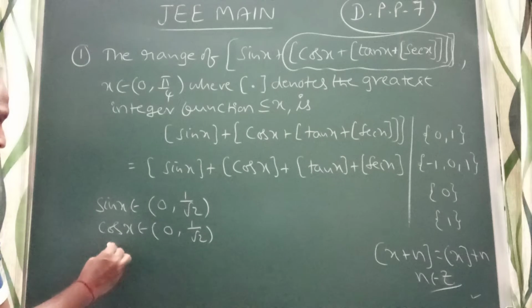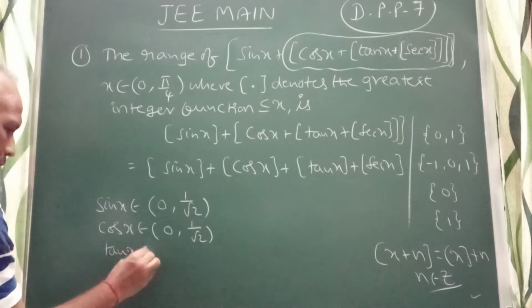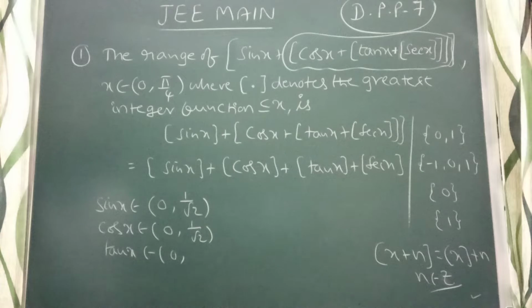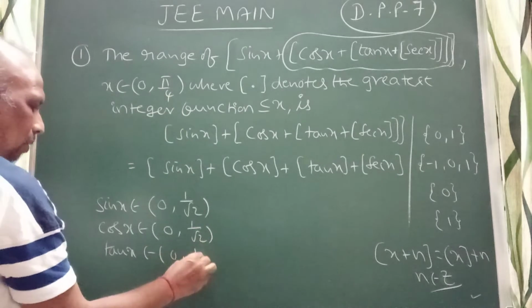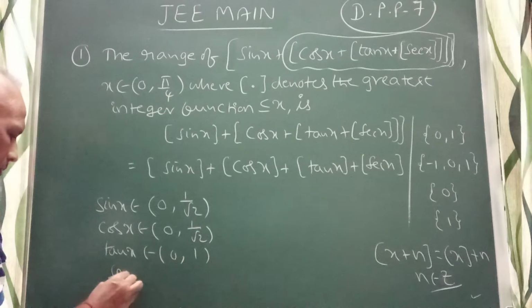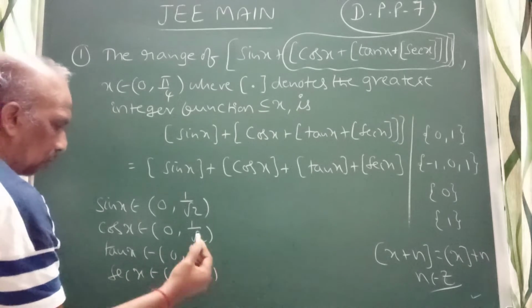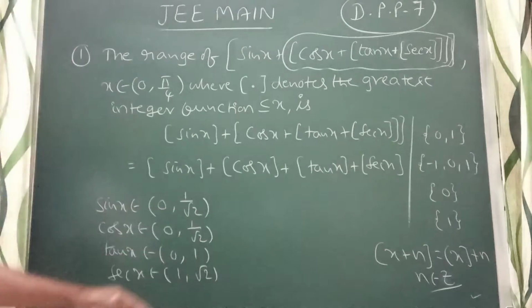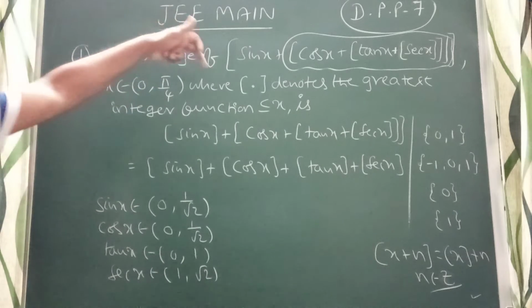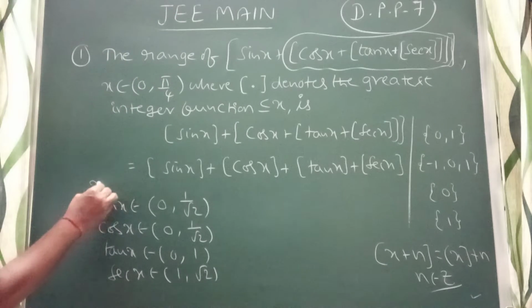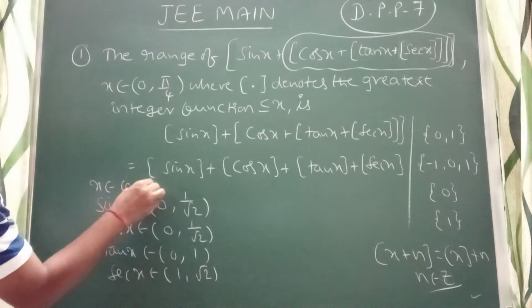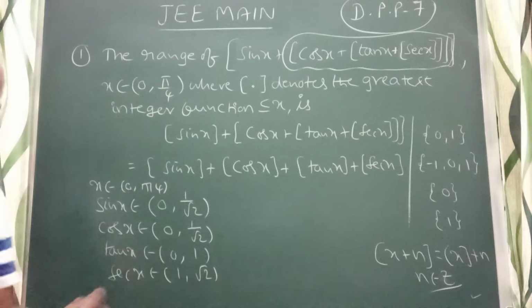Tan x belongs to (0, 1), and secant x belongs to (1, root 2). These are the values when x belongs to (0, pi by 4).